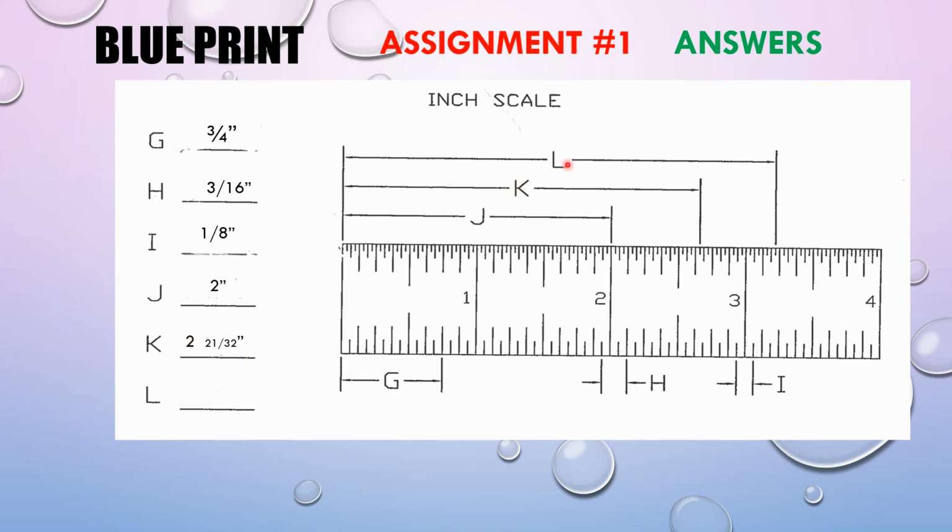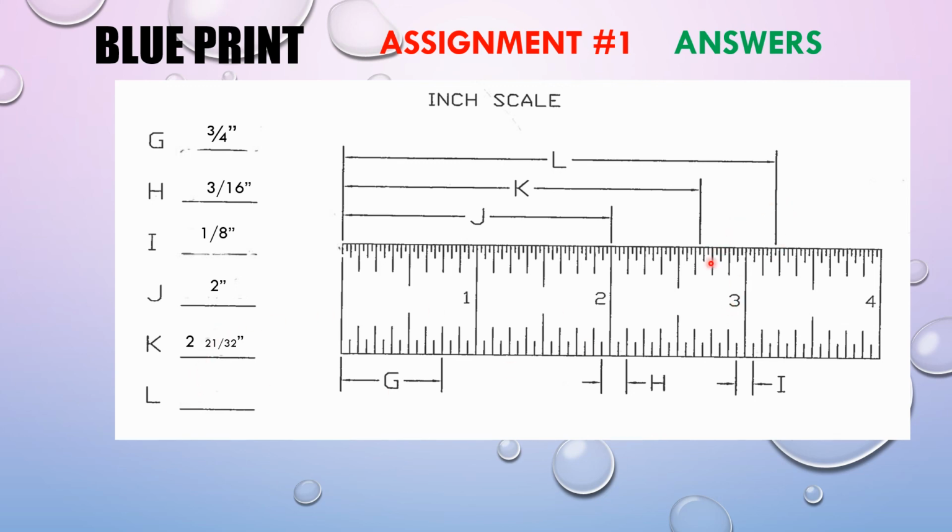Okay, so let's do L. Again, L takes us right from the beginning of the tape measure. It takes us to this point right here. So we know that these are all 32nds of an inch. So let's count them. We know it's going to be 3 inches and a fraction of an inch, right? Because we're past the 3 inches. So there's going to be a 3 right here.